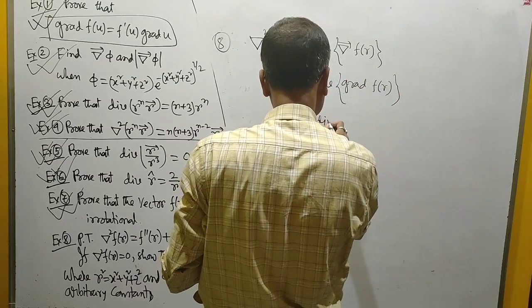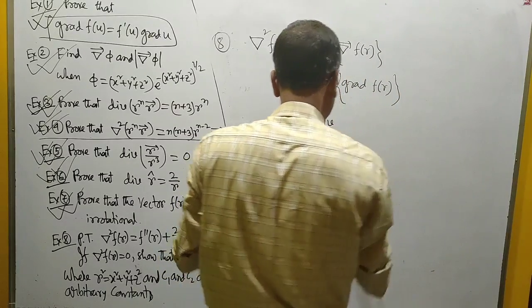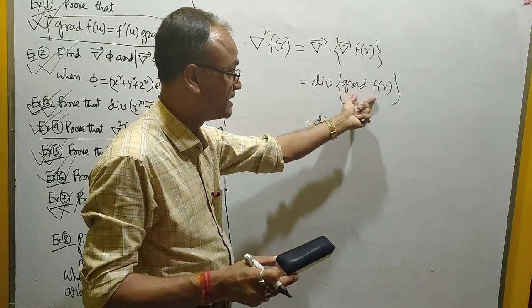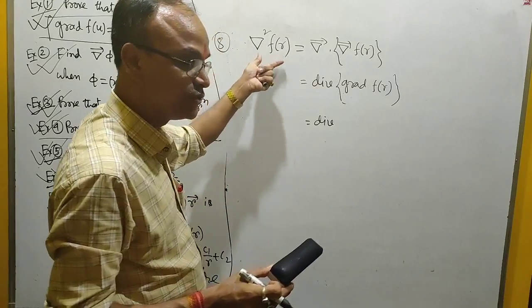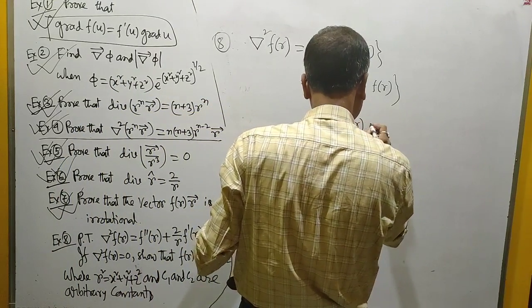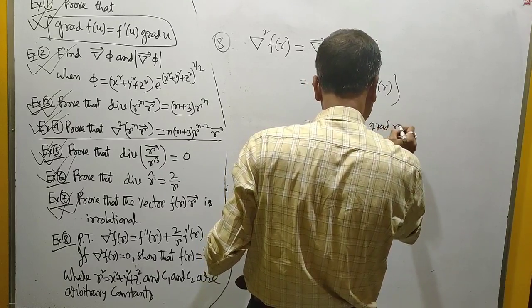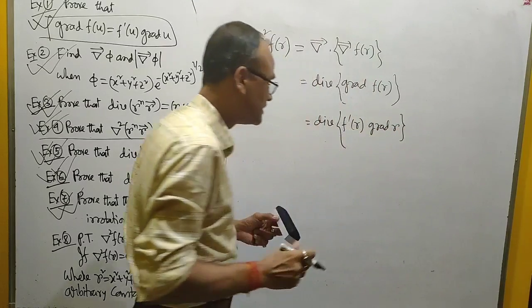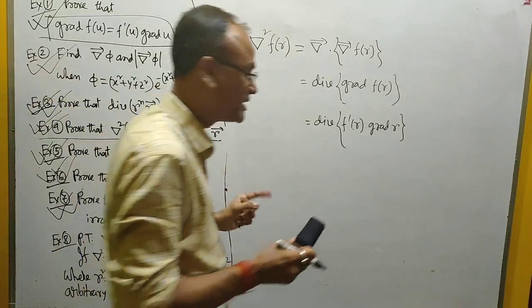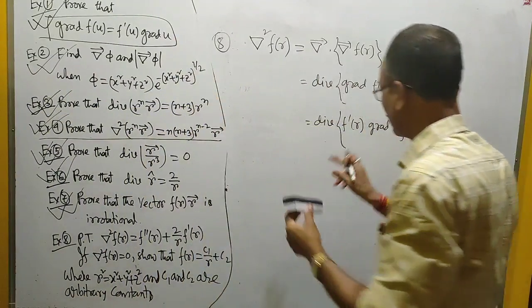Gradient of the scalar quantity will be a vector quantity, and the divergence of this vector will be a scalar, so ultimately this will be a scalar. Divergence of f dash r times gradient of r. Apply number 1: gradient of f(u) equals f dash u times gradient of u. We have applied this one.